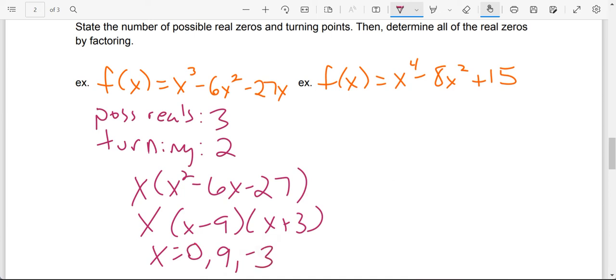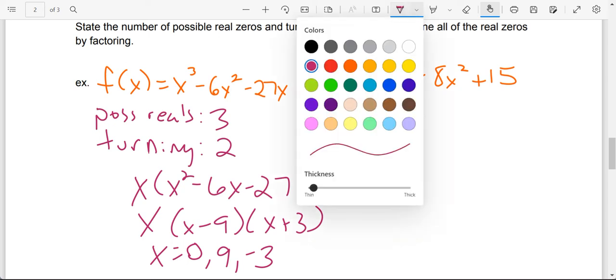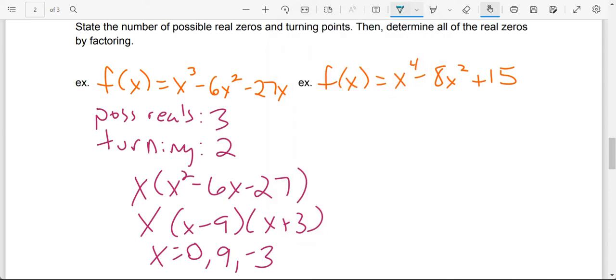Next example, we've got f of x equal to x to the 4th minus 8x squared plus 15. Let's solve. Anytime we have a power 2 and a power 4, you can make the first terms x squared and do the same process: the factors of 15 that add up to negative 8 are minus 3 and minus 5.